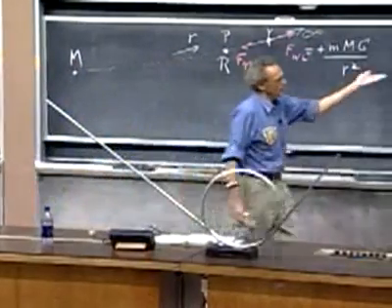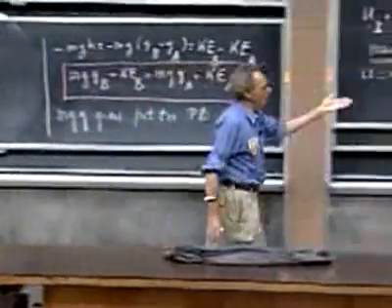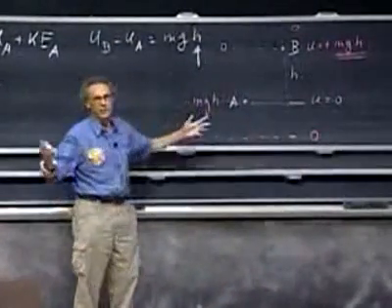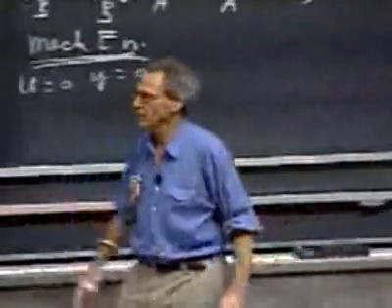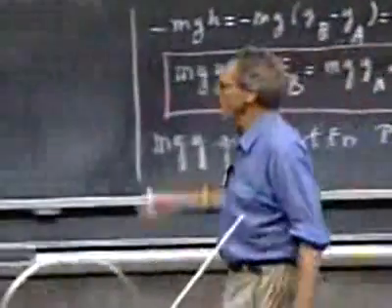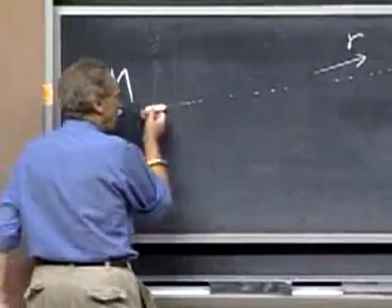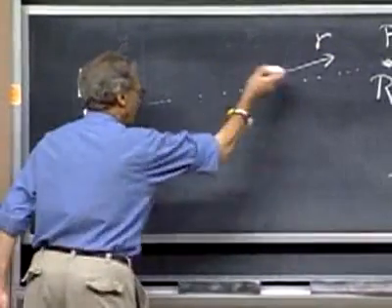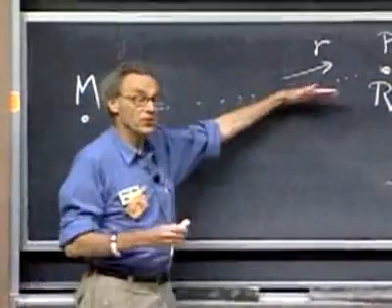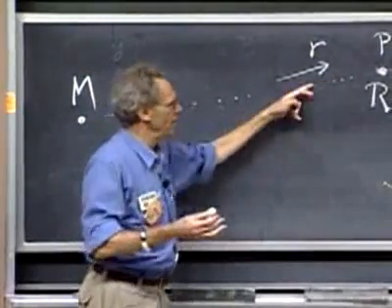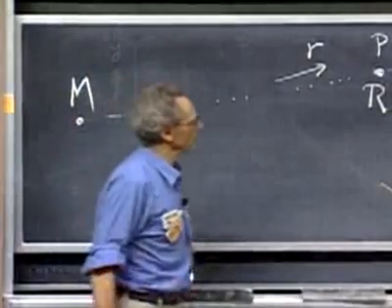Remember that depending upon how you define your zero level here, you also end up with negative values for potential energy. So there's nothing sacred about that. What is important, of course, is that we get the right answer for the gravitational potential energy, that when we move away from this object, the gravitational potential energy increases. That's all that matters. But whether it is negative or positive is irrelevant.